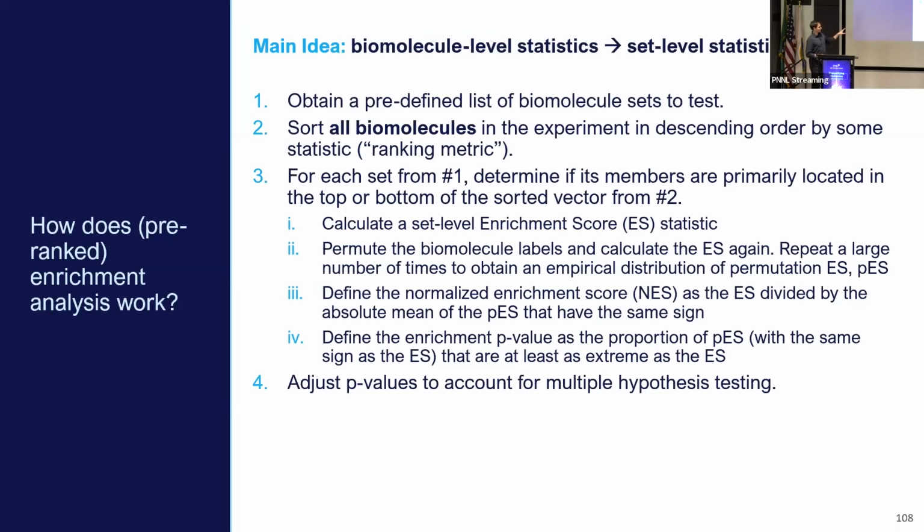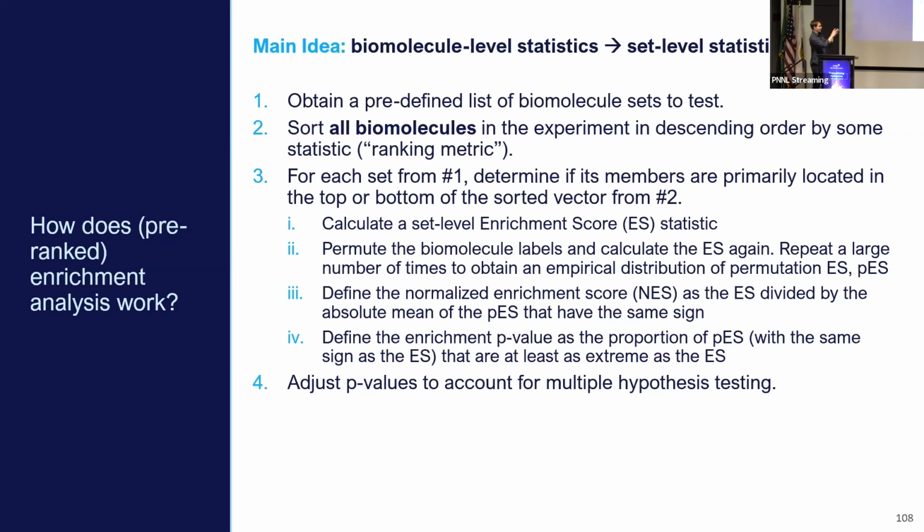So the next step is to permute the labels for your original vector of statistics. So now you generate what are called permutation enrichment scores. So you might do this 1,000, 10,000, 100,000 times, and you end up with a distribution of enrichment scores under the assumption that there's no relationship between these scores.